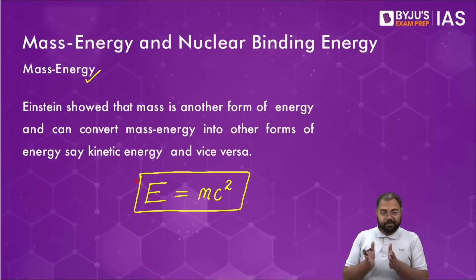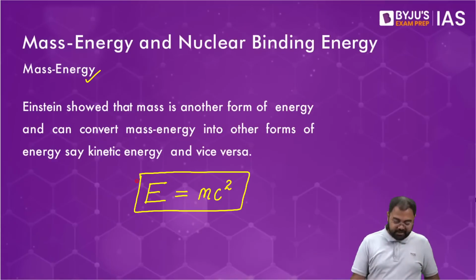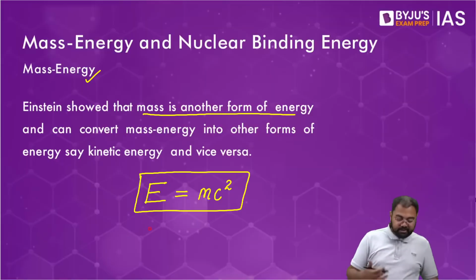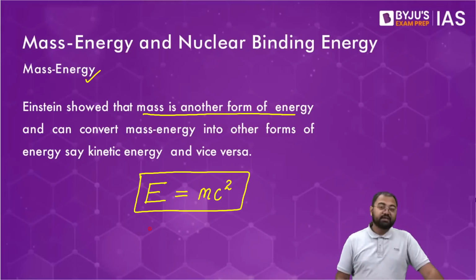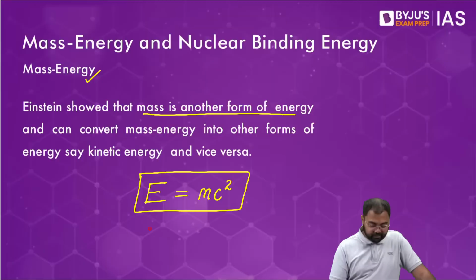But this changed when Einstein showed that mass is another form of energy, or can be seen as another form of energy, in his relativity concept, or special theory of relativity.